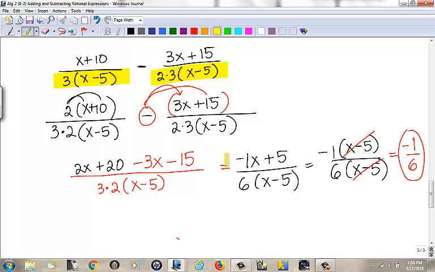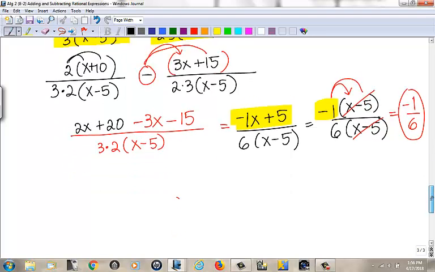I took this and factored out a negative 1, so that's going to change that sign. You still have to be able to multiply, like if I multiply this back, do I get negative 1x? If I multiply this back, do I get positive 5? Yeah. So final answer is negative 1 over 6. Okay, last example.